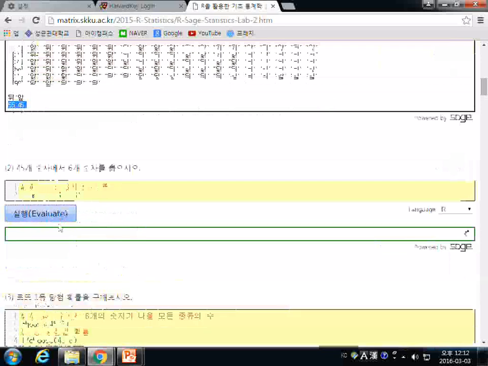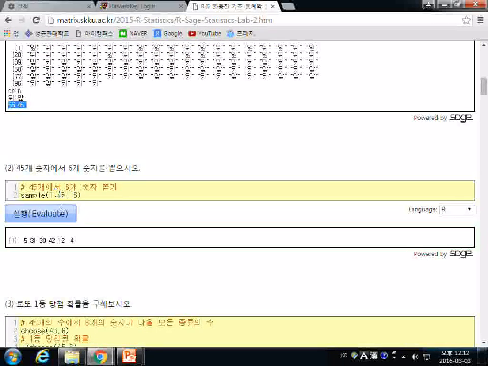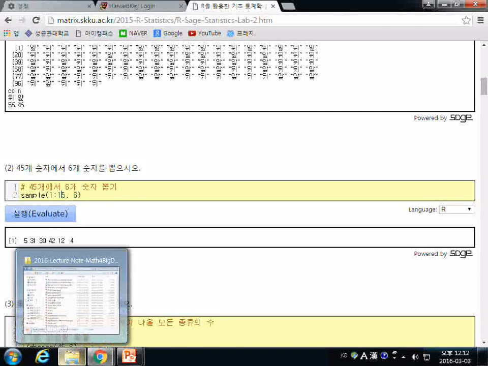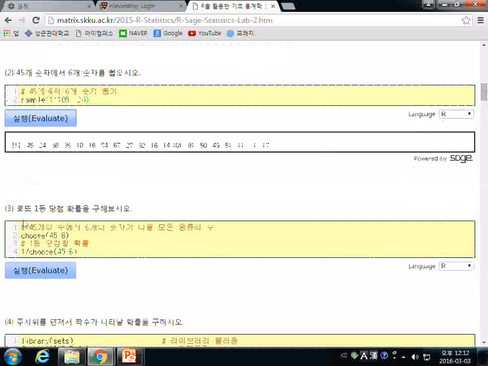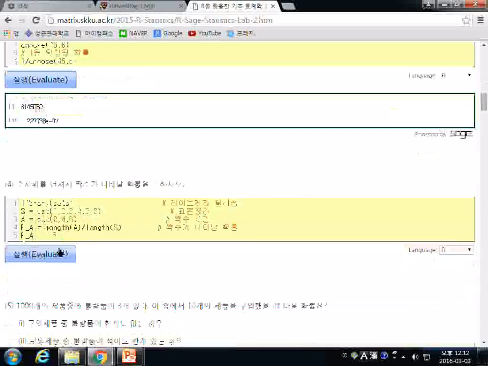You can also choose 6 numbers from between 1 and 45, or choose 20 out of 105. These are all made with the R language.